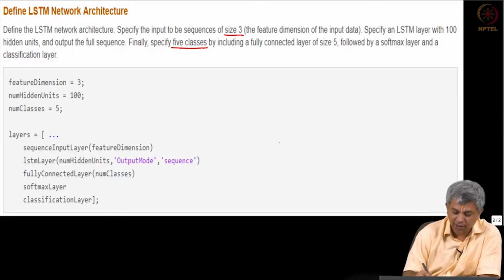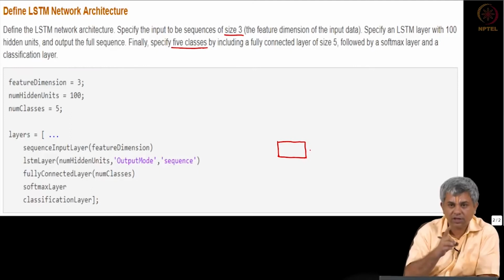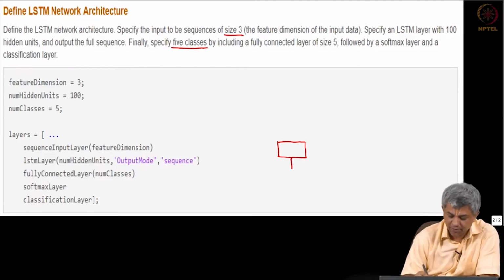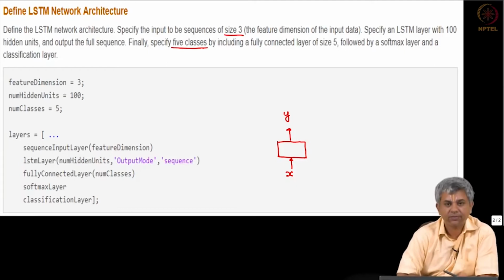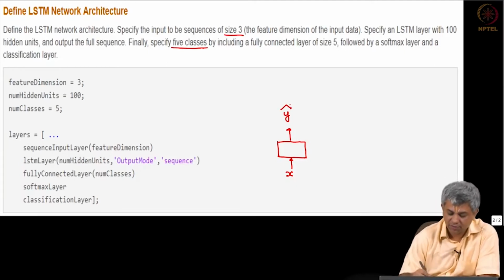Okay. So, suppose I draw that in a figure, just a single point. If I write x, what comes out is y or y hat, this is supposed to have size 5, this was supposed to have size 3.